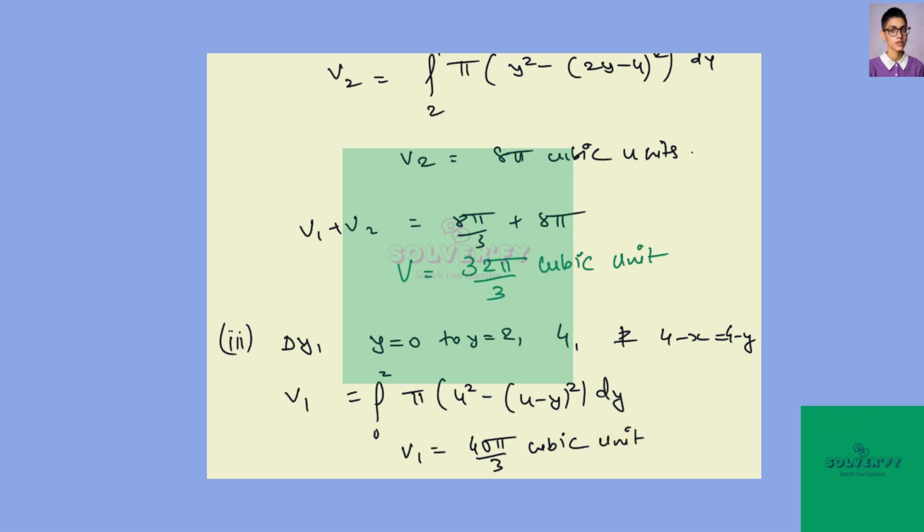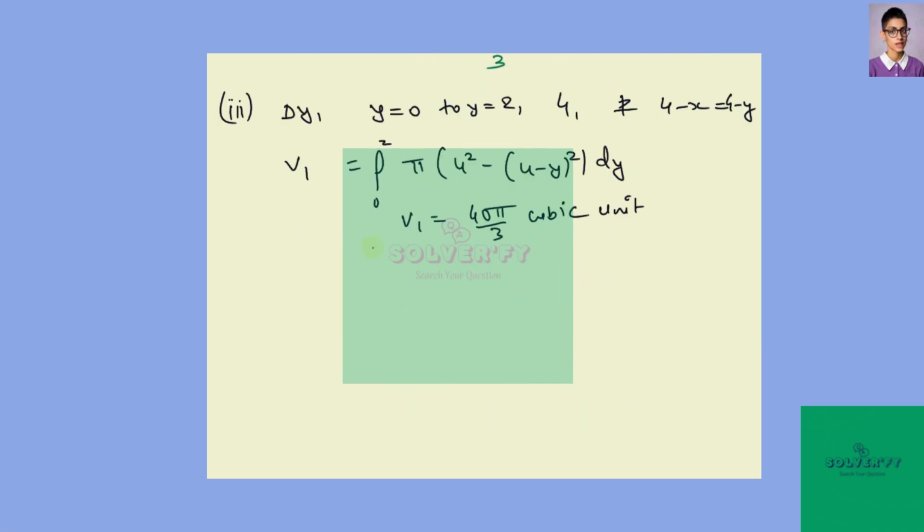Now similarly we can calculate the volume V2. Volume V2 equals the integration over 2 to 4 of pi multiplied by ((8 minus 2y) whole squared minus (4 minus y) whole squared) dy.